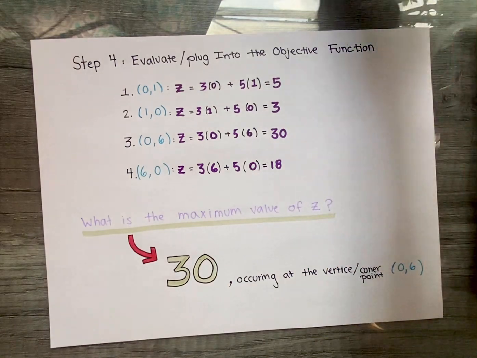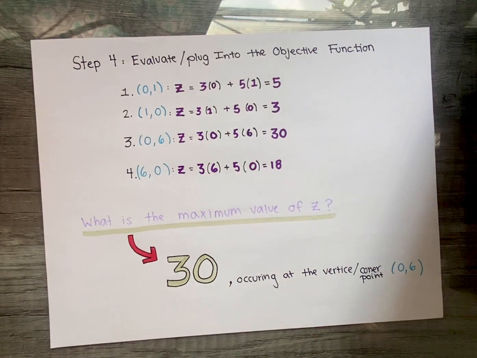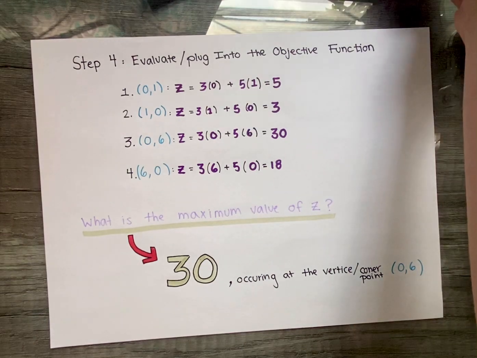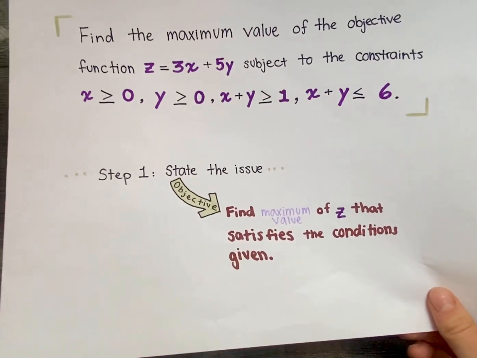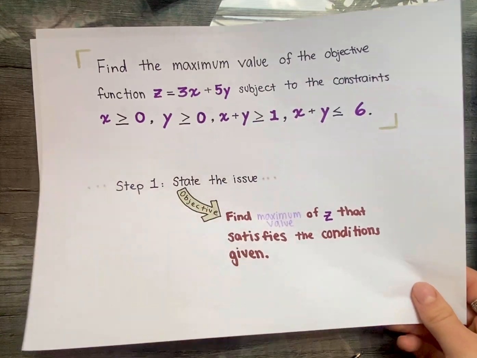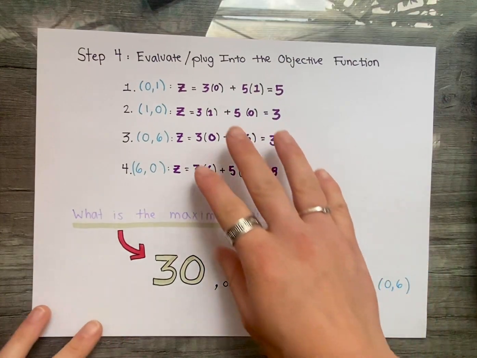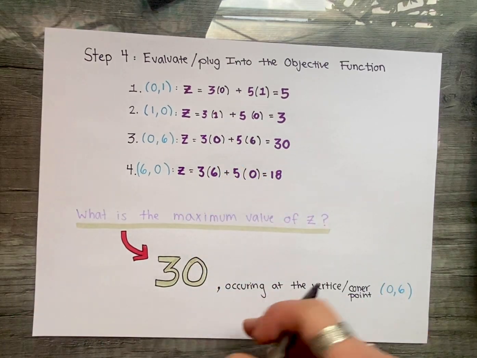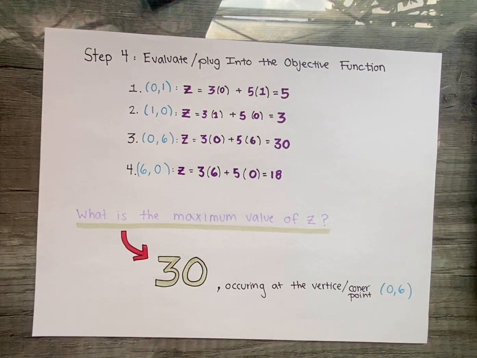If we go back to our original problem, we can see what the equation was for z. It was z equals 3x plus 5y, and that is how I got these over here. I just plugged the corner points into the objective function.